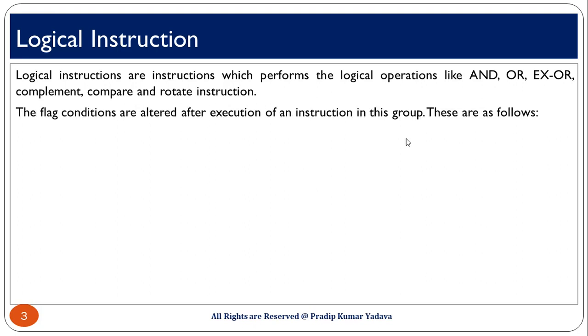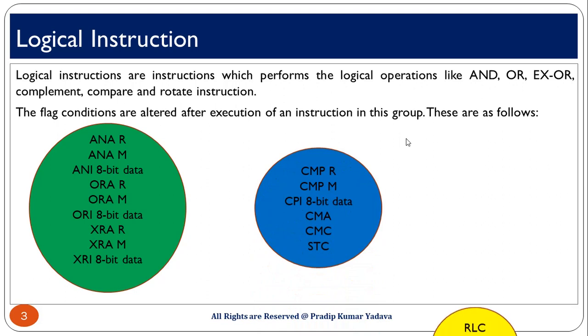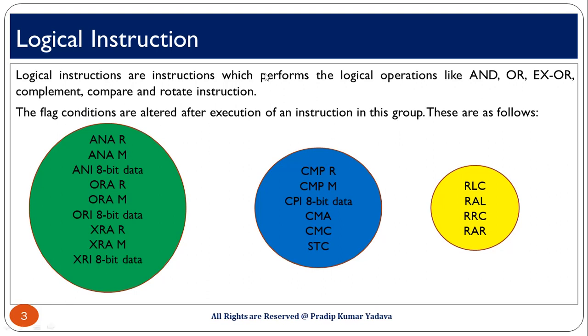So, here I have divided these instructions into 3 sets. In the first set, you can see some instructions that belong to digital logic, such as ANA instruction, ANI instruction, ORA, ORI, XRA.